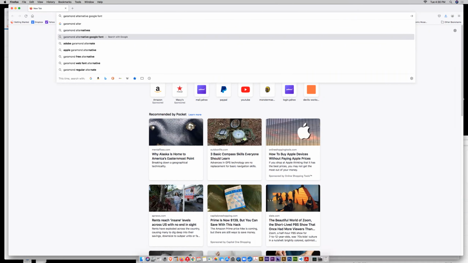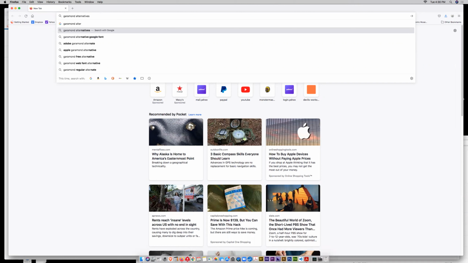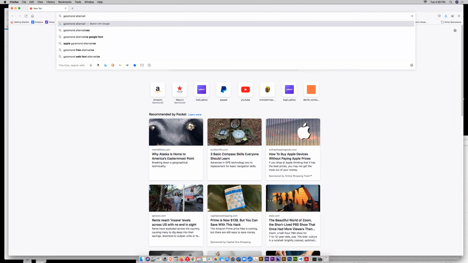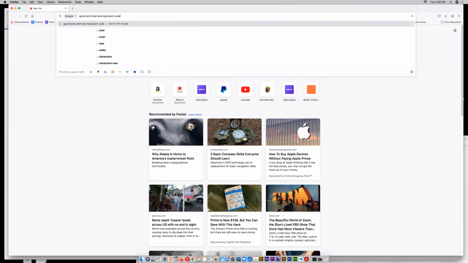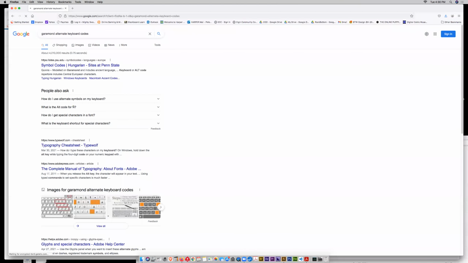Let's see, I don't want alternatives, I want alternate. There we go, keyboard codes. Here we go. So they're showing us here what some of those would be.